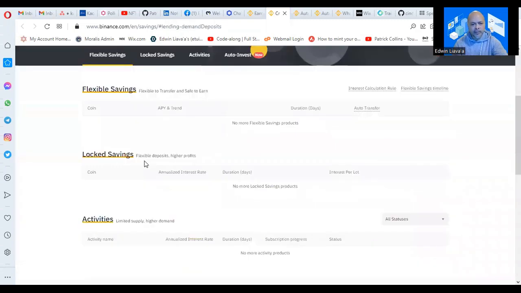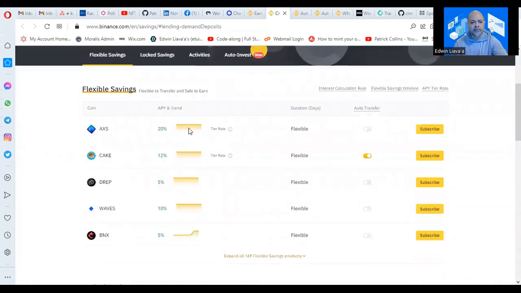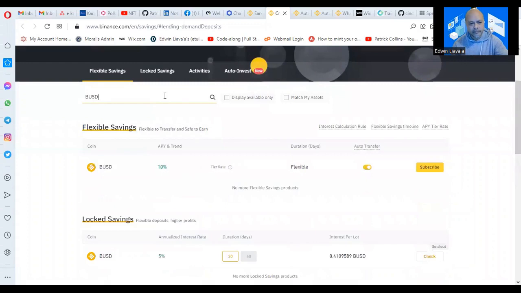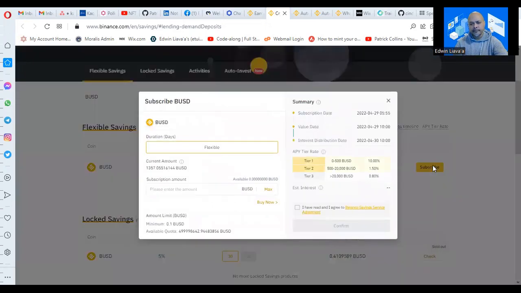So flexible savings, how do you do flexible savings? You can search for a coin, right? If you're interested in BUSD, you can see, if I do flexible savings of BUSD, it's 10%. All you need to do is subscribe.